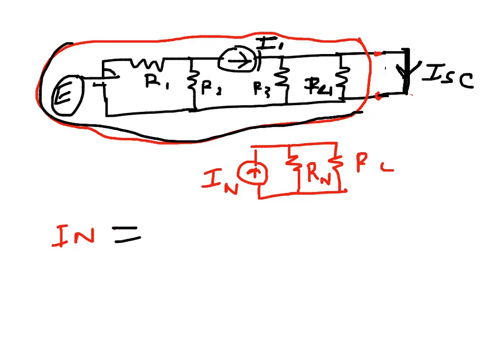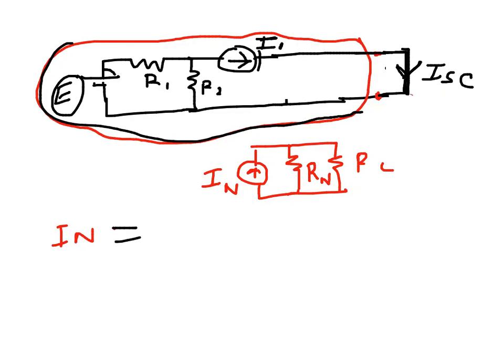But before doing that, if we notice something, this short circuit is actually shorting out these two resistances. So basically this circuit is becoming something like this. So if we erase this part, these two are being shorted out.